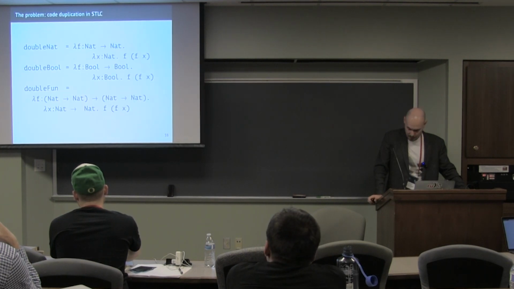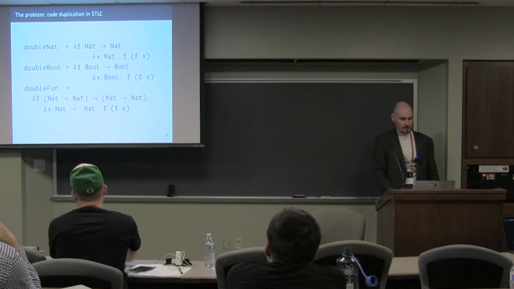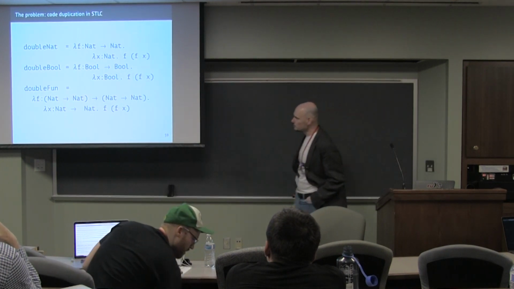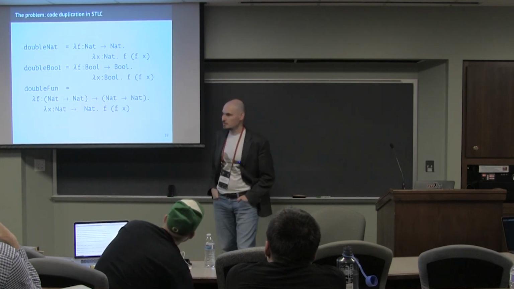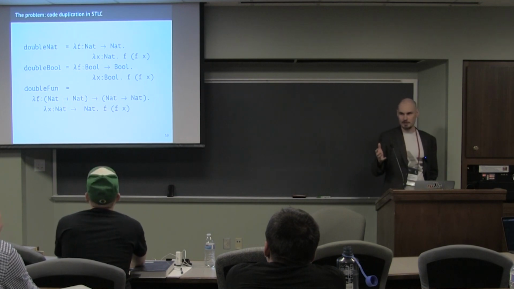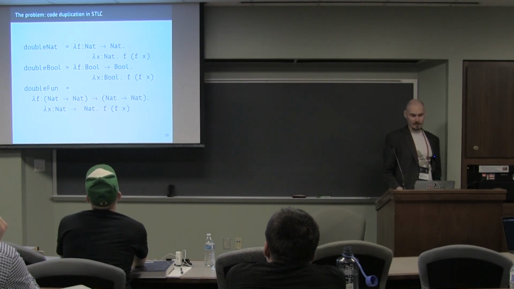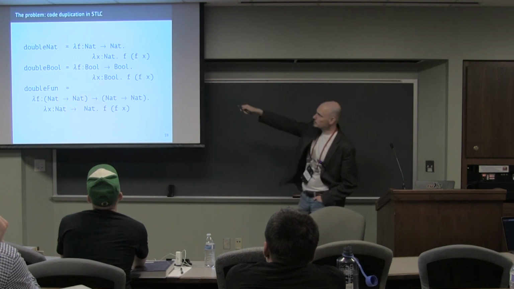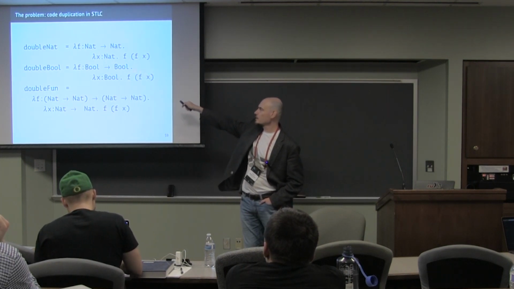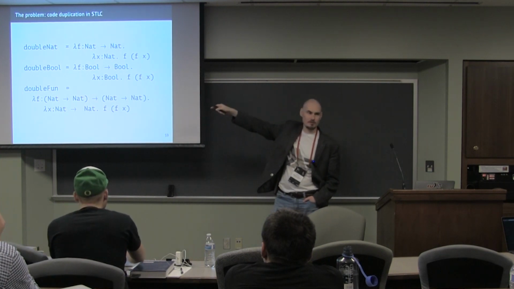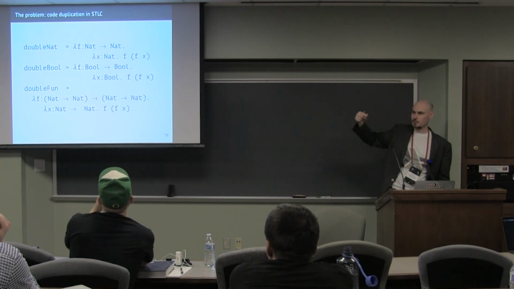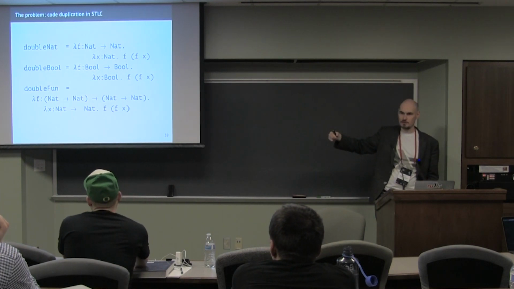But there is a problem with simply typed lambda calculus. It is not very convenient to use it because remember that property of unique typing. Basically these two functions, they are the same. You see, their body is the same, but they have different types. It's a function for applying the same function twice to an argument.